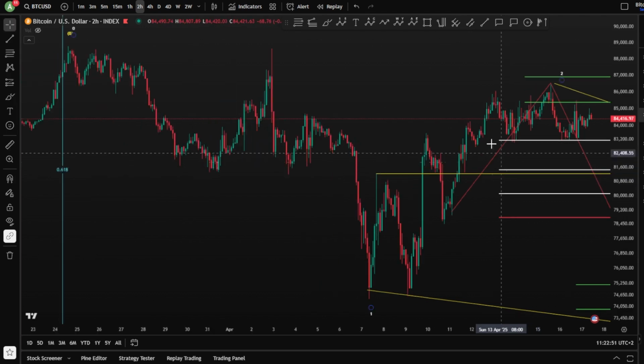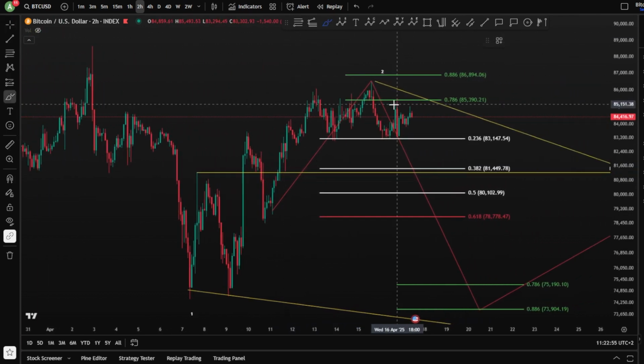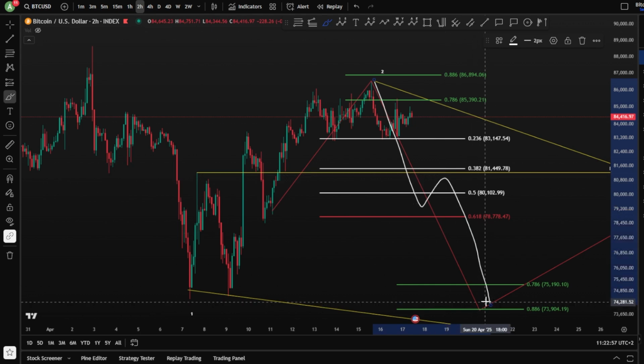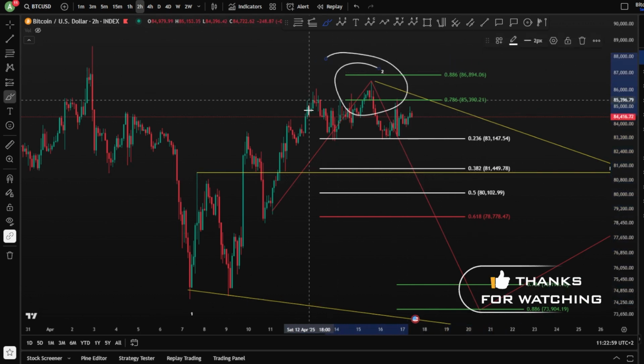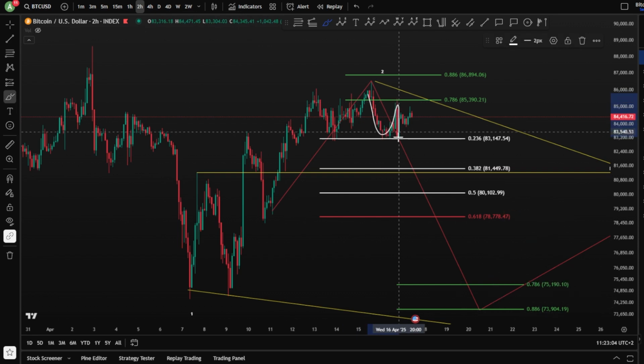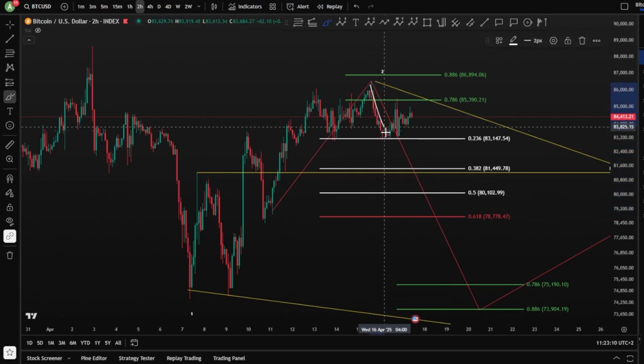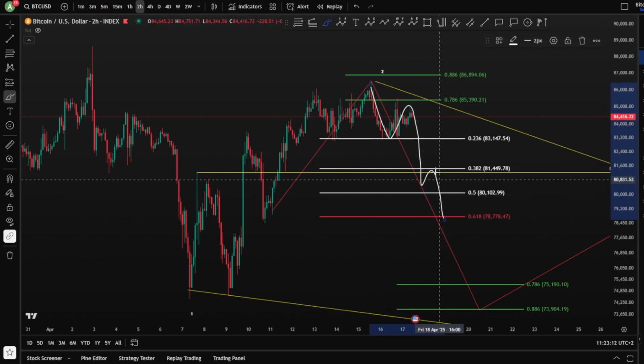Now, for this wave 3, you need a zigzag, which is an impulse, correction, impulse, right? So basically, we finished in the perfect fib levels for wave 2, and now we're looking for 1, 2, and is this another 1, 2, 3, 4, and a 5? Well, we're going to see. But we need an impulse here to see what's going on.